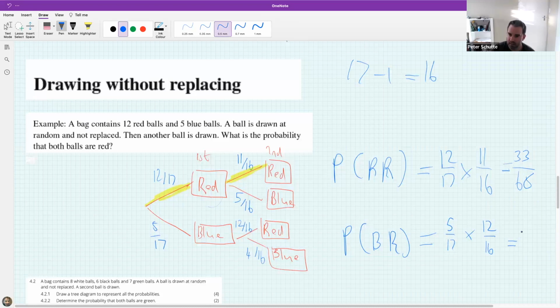So we should be getting 15 over 68. Okay, cool.